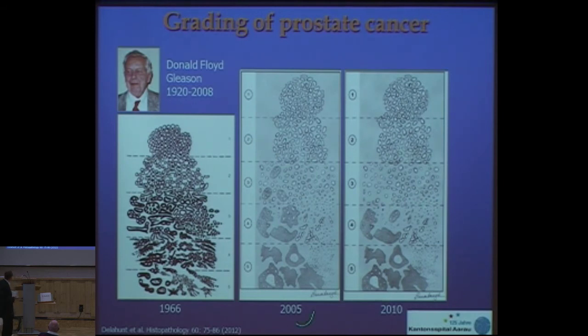But after this, you know, the community thought, well, that really doesn't make sense. So many very well differentiated tumors and so poor outcomes, that can't be right. And Gleason had a respectable amount of 1+1 cancers. In 2005, nobody really diagnoses a 1+1 cancer.